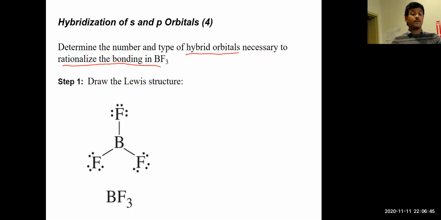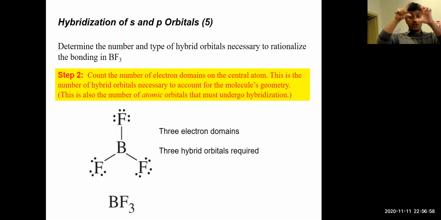So the Lewis structure of BF3, if you use the rules that we discussed in chapter 6, is one boron in the center with the 3 fluorines around. And according to VSEPR theory, they should be in trigonal planar shape with 120 degrees bond angle apart from each other. So what it means is there are 3 electron domains around the central atom because it is connected to 3 fluorine atoms.